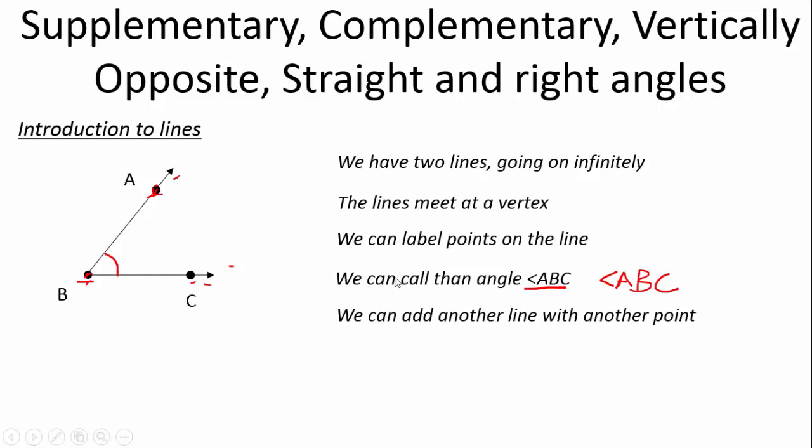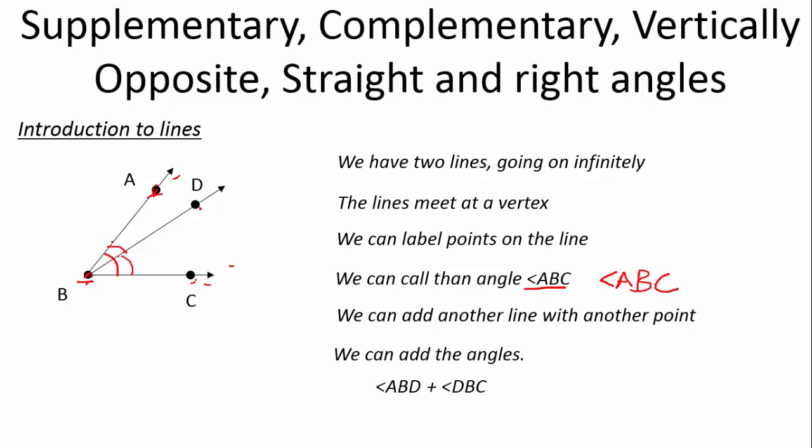Right? We can add another line with another point. We add that line there. We call this point D. We can add the angles. So there's two angles on either side. So that's angle ABD. So what will that be? That'll be there. And then we have angle DBC. That'll be over there.